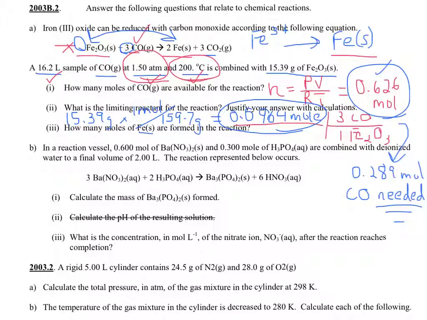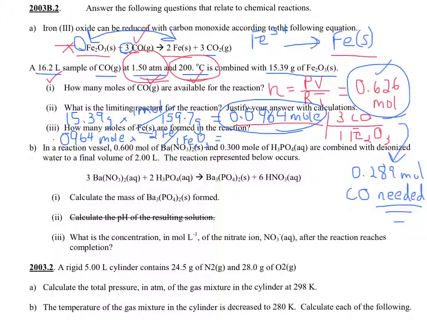So the stoichiometry looks like 0.0964 mole of Fe2O3, and we go 2-to-1 ratio, 2 Fe for every 1 Fe2O3, and so that will give us the moles of our iron that would be produced.